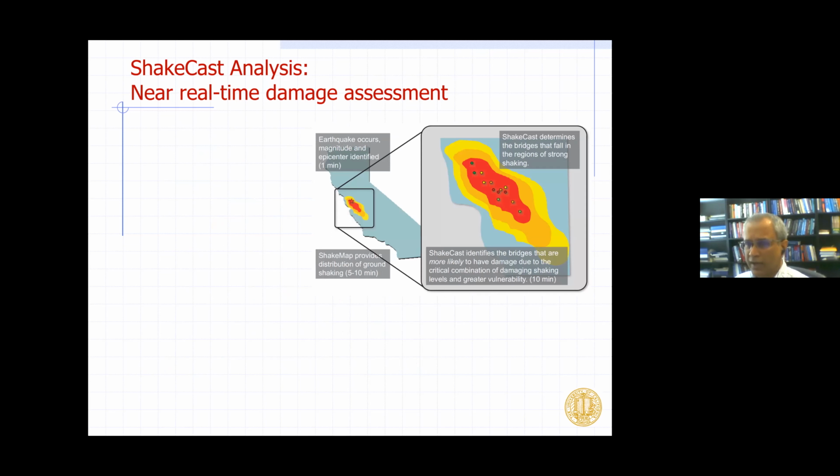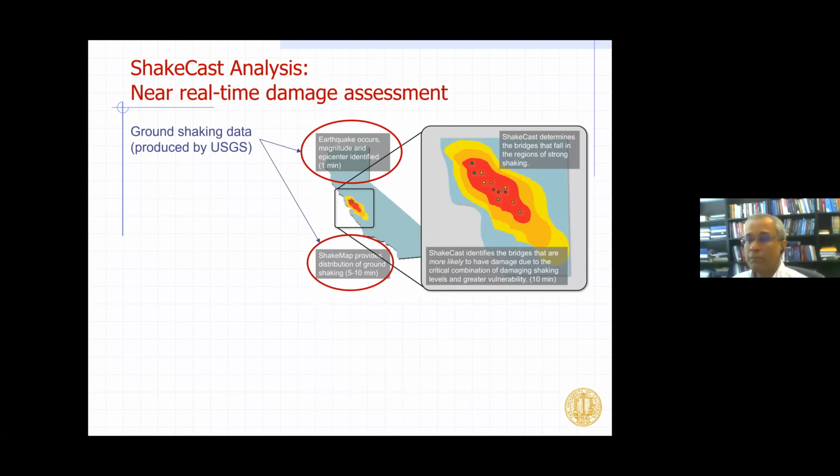So talking about ShakeCast, like I said, is a platform used by Caltrans, and this is for near real-time damage assessment.